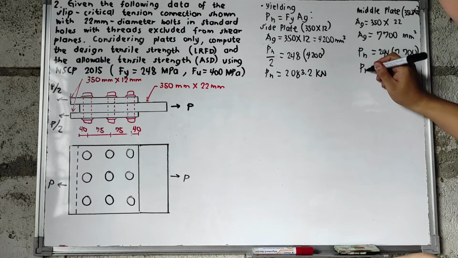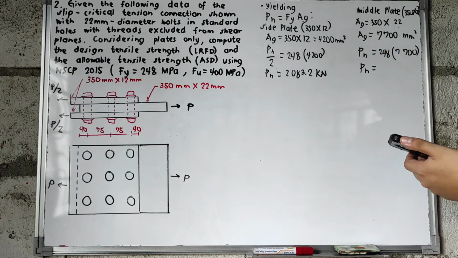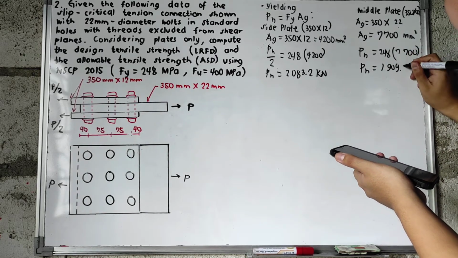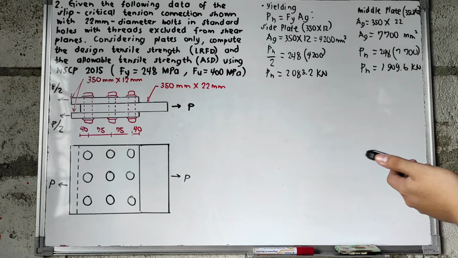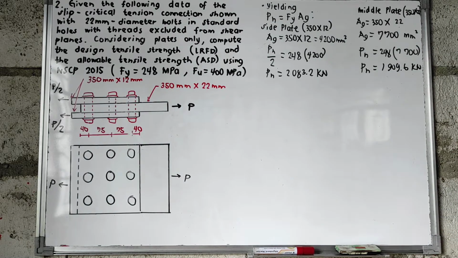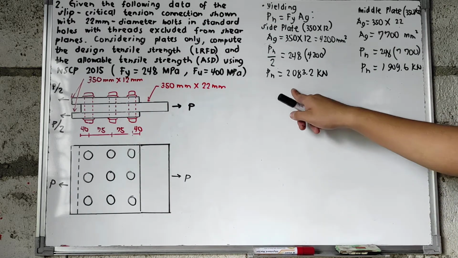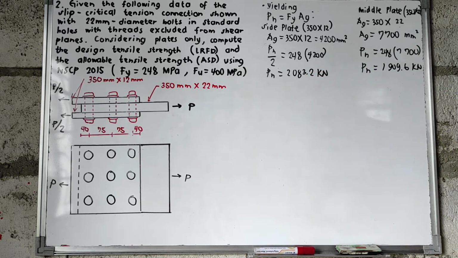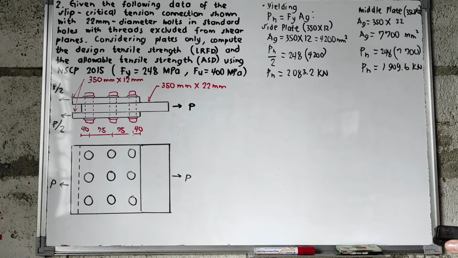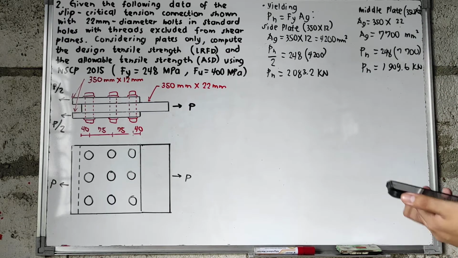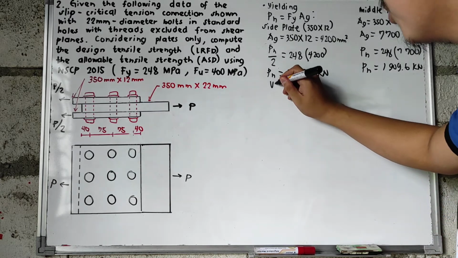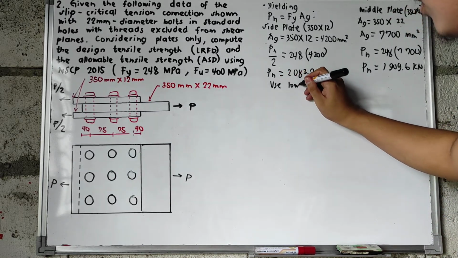So, the value of your nominal is now equal to 1,909.6 kilonewton. So, for this one, between the side plate na nakuha natin na nominal na 2,000, tapos dito naman sa middle plate na 1,909, yung i-consider natin dyan is the lower value. So, we are going to use the lower value.